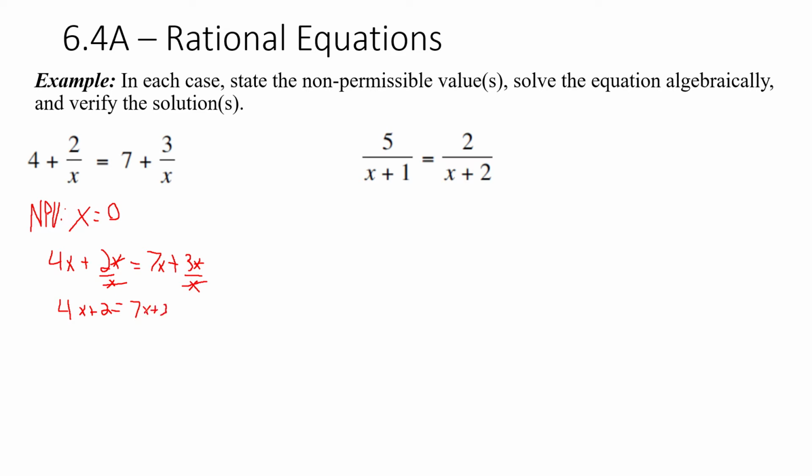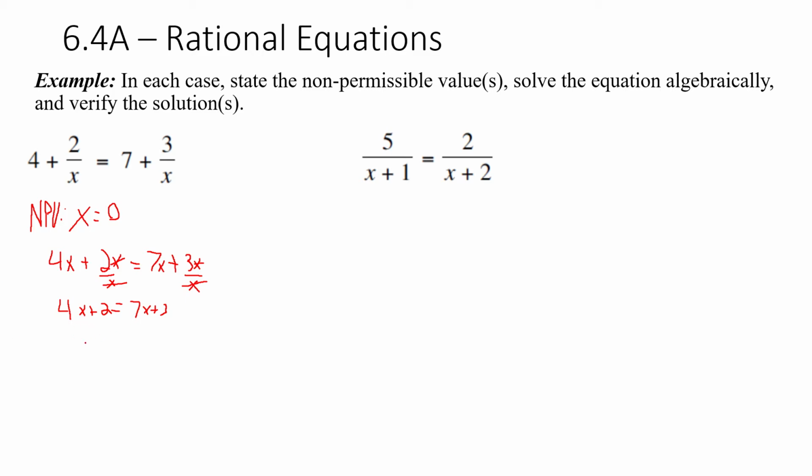And now we're down to much simpler algebra. We want to manipulate this around. The smart approach would be to look at this and ask, how am I going to end up with a positive x? So if you subtract 4x from both sides, you'll end up bringing the 4x over to the right side, and you'll have a positive value, so you're going to bring your 3 to the other side.